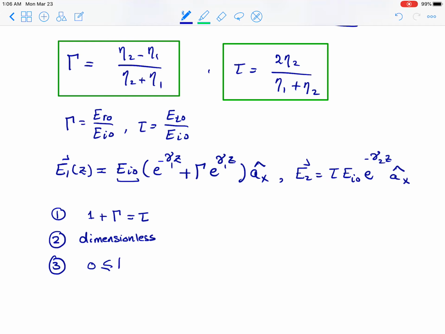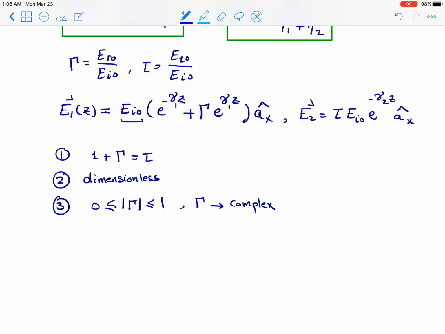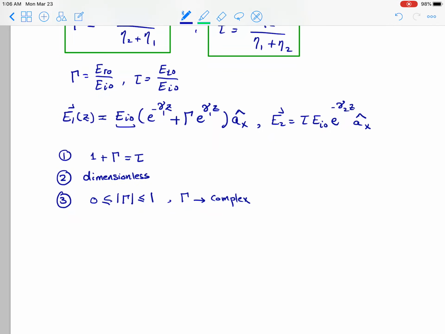And the third one is that the magnitude of gamma ranges between 0 and 1, and gamma can be complex. In fact, whenever we have complex intrinsic impedance, gamma will be complex. The fact that gamma ranges between 0 and 1 is to satisfy the law of conservation of energy.